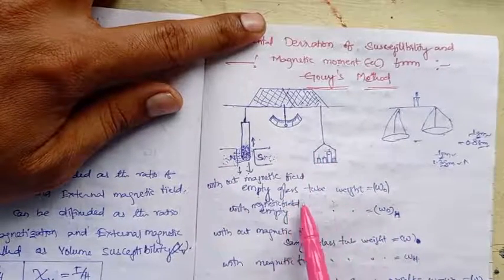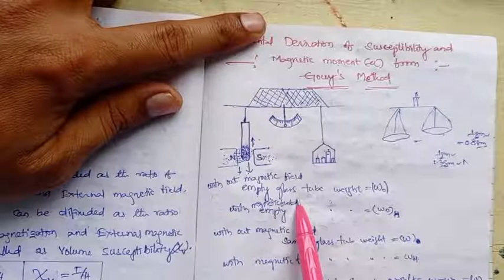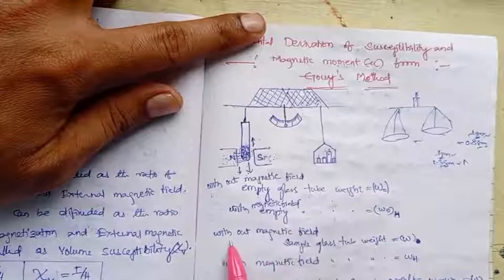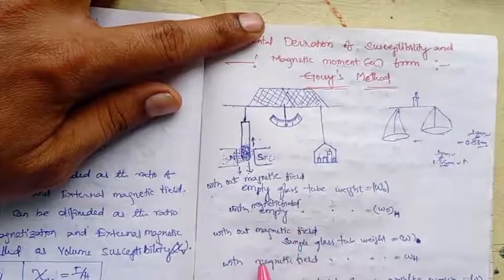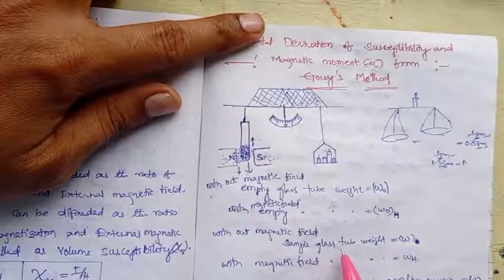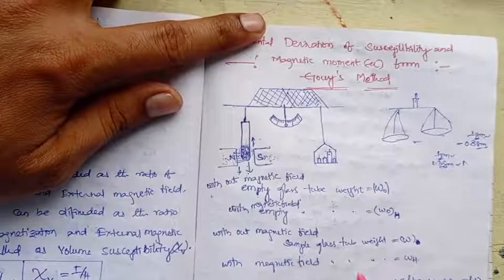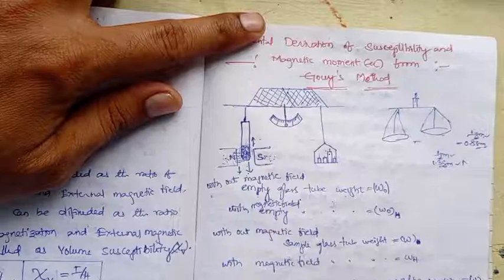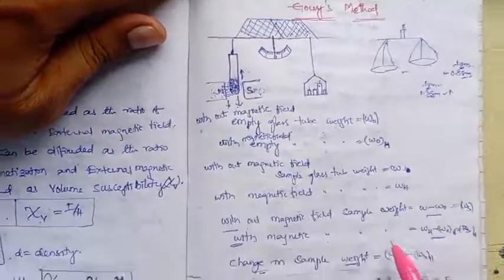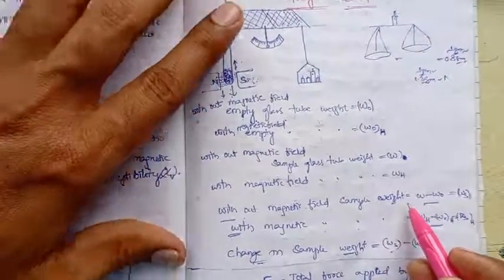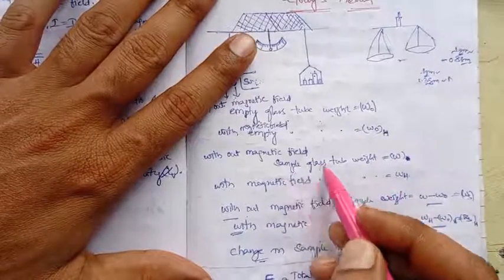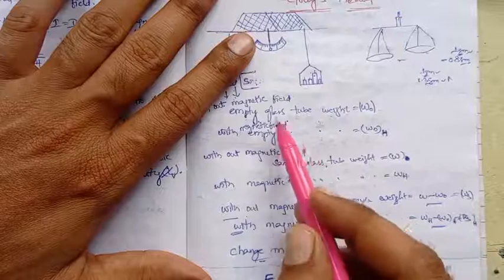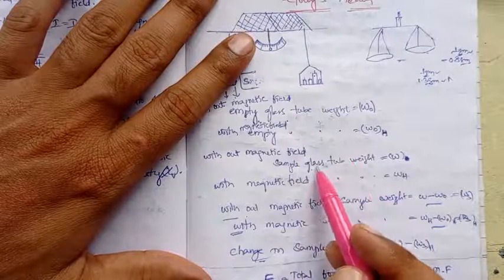Initially we weigh the empty glass tube without field and with field, and record that. Similarly, with field and without field, we weigh the sample glass tube, and thereafter we calculate the sample weight by subtracting the empty glass weight from the sample glass weight.